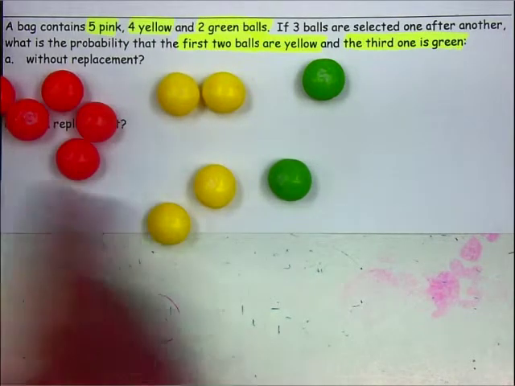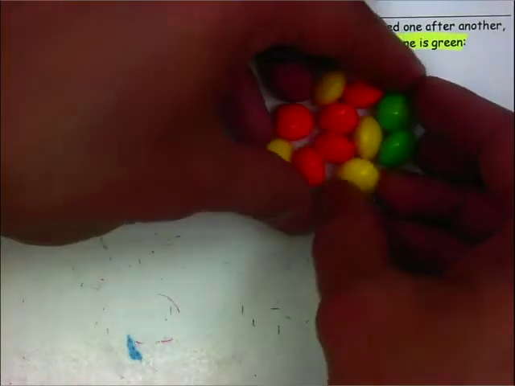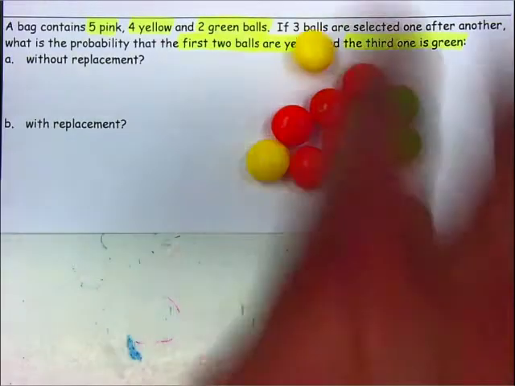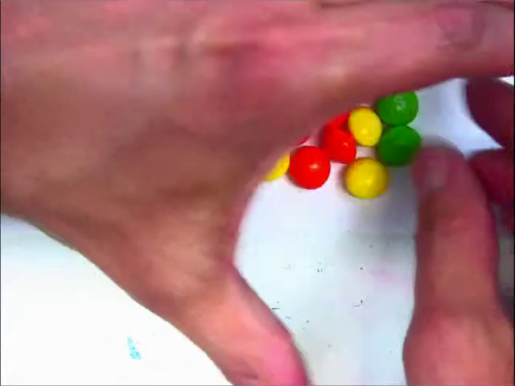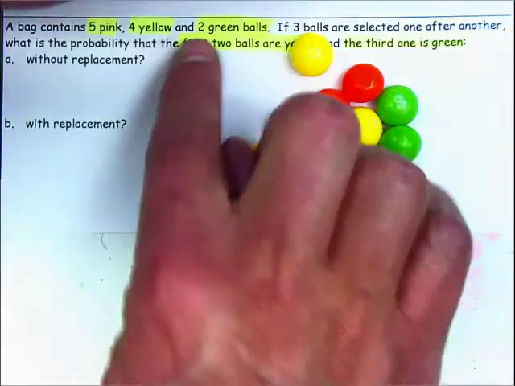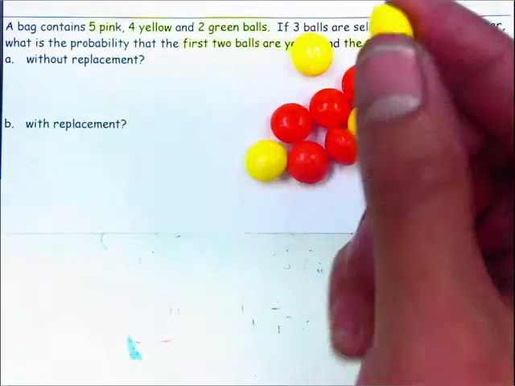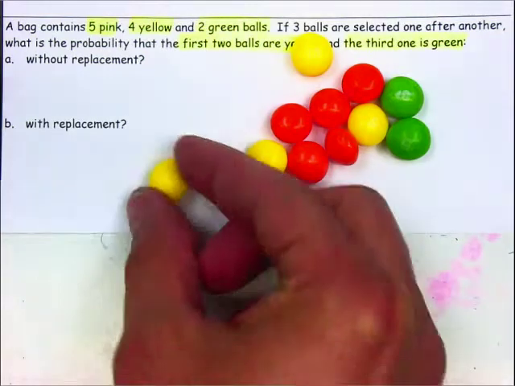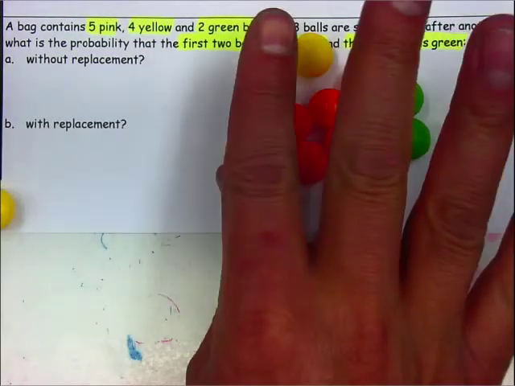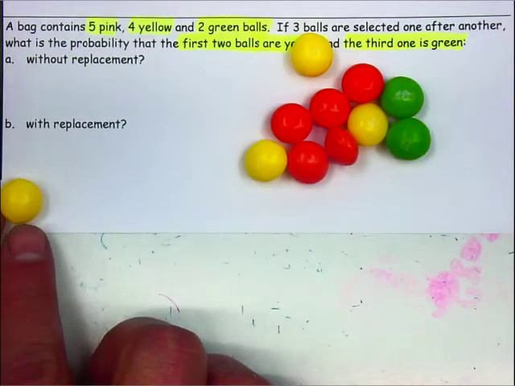So without replacement, that means that we're going to have them all mixed up. You're going to go in there without looking, of course. Without looking, what's the probability that it's going to be a yellow? Without replacement means that you're going to place it inside your pocket. You're not going to place it back into the pile. You're going to leave it on the side or inside your pocket.